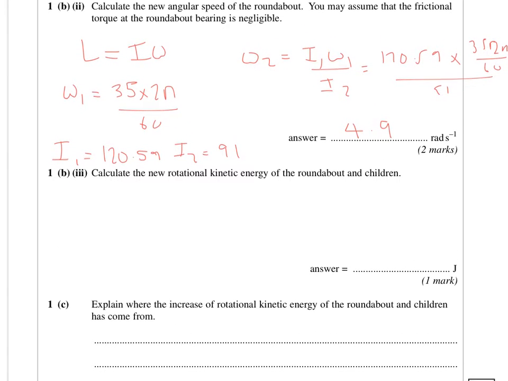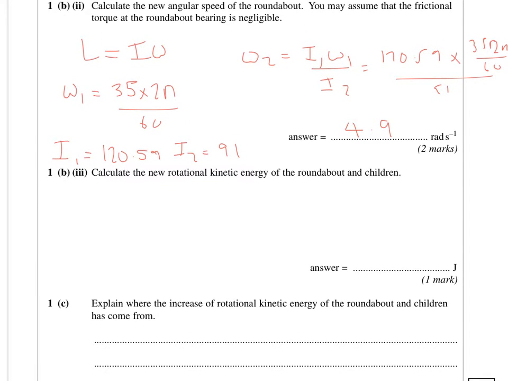And it wants us to calculate the new rotational kinetic energy. So we used this before, half I omega squared. It's going to be half times 91 times 4.85 and so on, squared.